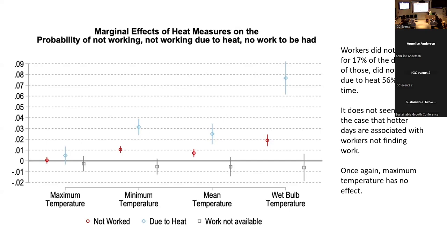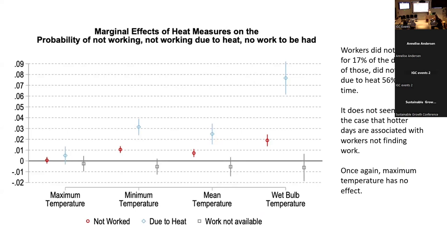It raises the probability that people don't go to work. And the reason that they don't go to work being due to heat is, as you would expect, affected by whether it's hot or not. Right. So obviously part of the reason for this earnings decline with temperature is because people are not going to work.